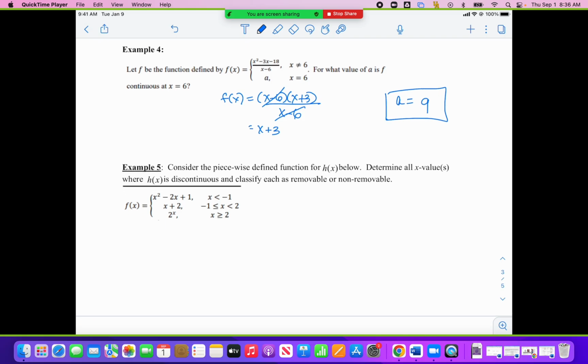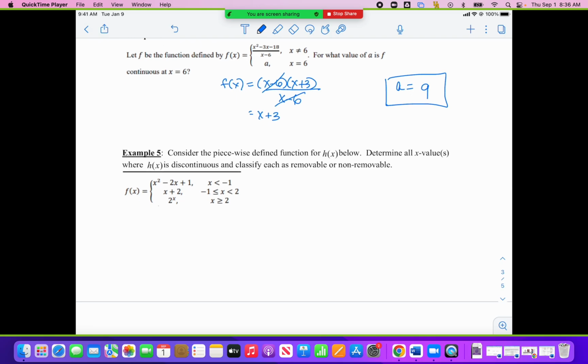All right, example 5. Consider the piecewise function defined for h of x below. Determine all x values where h of x is discontinuous and classify each as removable or non-removable. So the big idea here is where the pieces are transitioning at -1 and 2, I need to check left-hand and right-hand sides to see if those limits are the same.